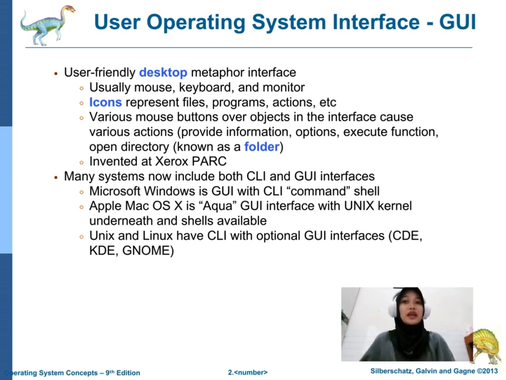So many systems now include both CLI and graphical user interface. For example, in Microsoft Windows, we have the GUI, meaning the windows and all those things, as well as a command line interface that we call PowerShell.